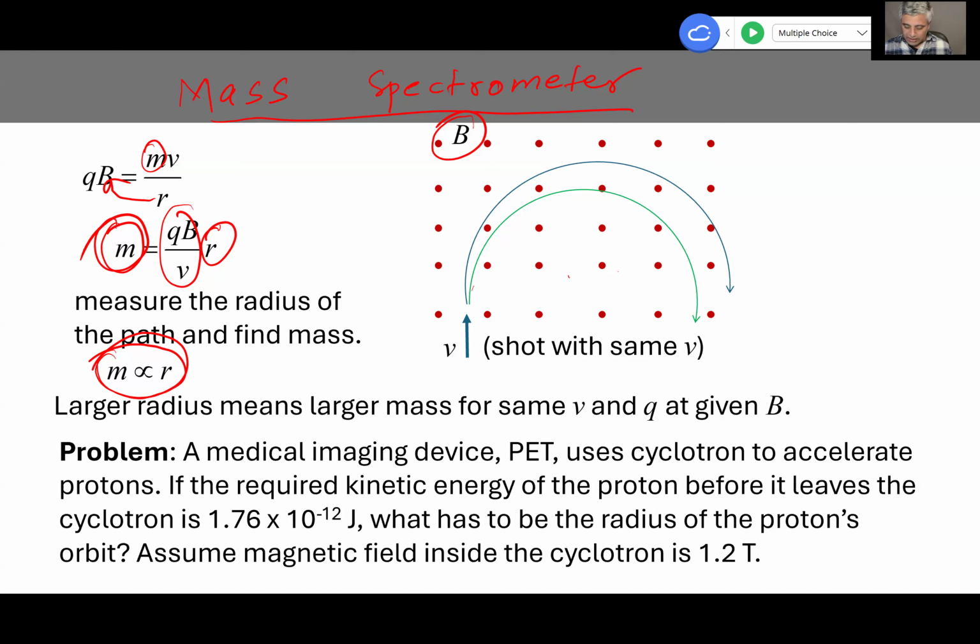This device accelerates the charge and then hits a target, which excites some sort of radiation, and that radiation is captured to get the image. Just like in a photograph: light hits our body, gets reflected, goes into the camera, and the camera captures it, and that's how it makes my image.